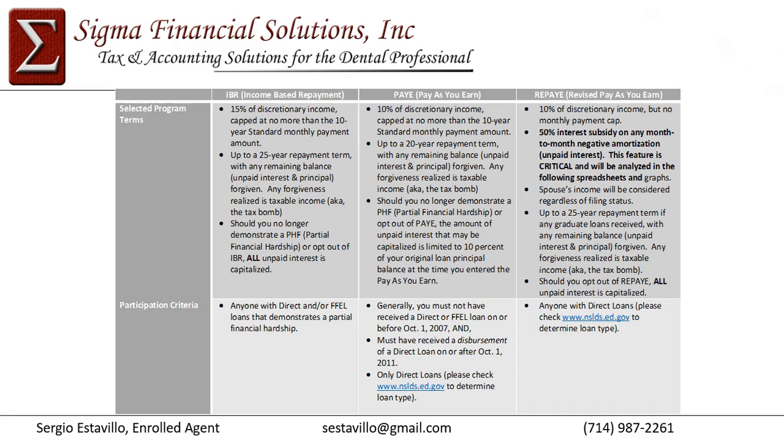So your payments based on REPAYE aren't sufficient to cover the interest, and as a result, the federal government, i.e. the taxpayers, will cover half of that interest on your behalf. So in some cases you might have negative AM or unpaid interest of $35,000 in 1 year, but because of this feature, only half of that, or $17,500, would be carried forward.